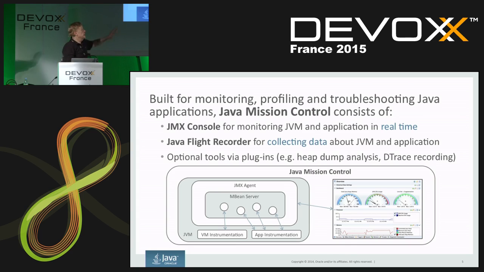So here's an architectural view of Java Mission Control. First of all, over on the right is the user interface, and it communicates with a JMX agent. Now the JMX agent has within it an MBean server, and the MBean server has MBeans within it. Those MBeans talk to instrumentation that is built into the Java Virtual Machine.